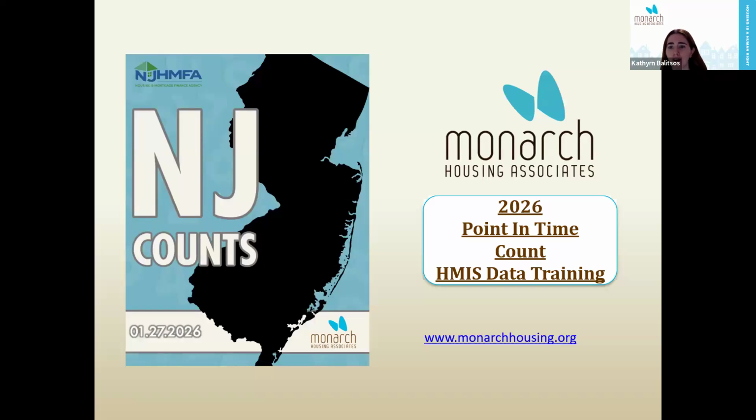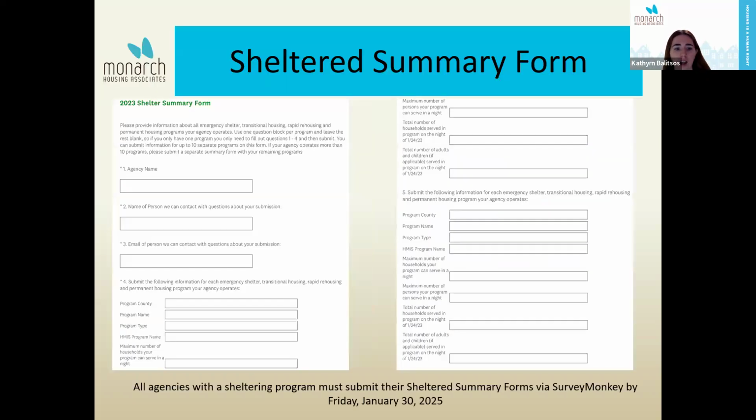And now we're going to talk about agencies that are participating in the point in time count that use HMIS. You should have received the shelter summary form to submit. This must be submitted by January 30th. Programs in HMIS and non-HMIS that are emergency shelter or transitional housing have to complete this form.